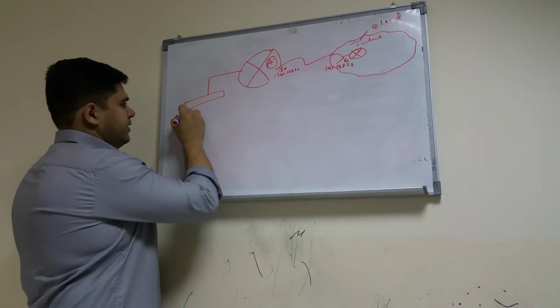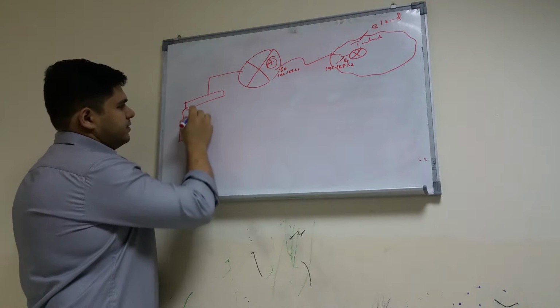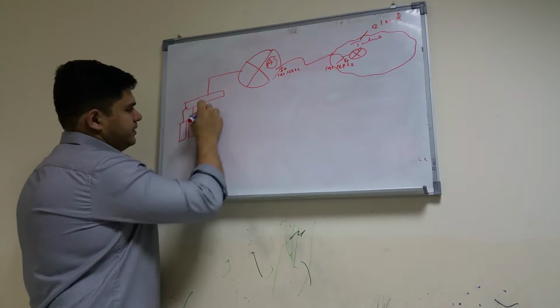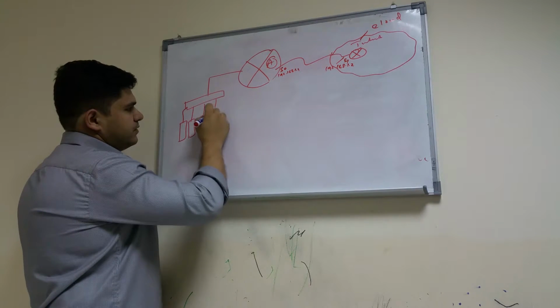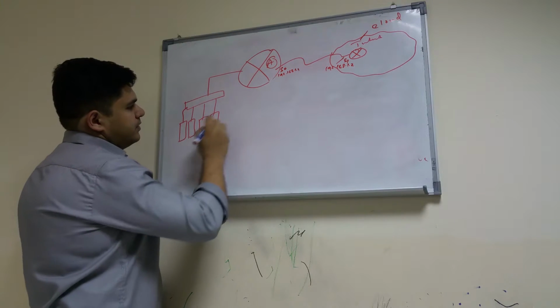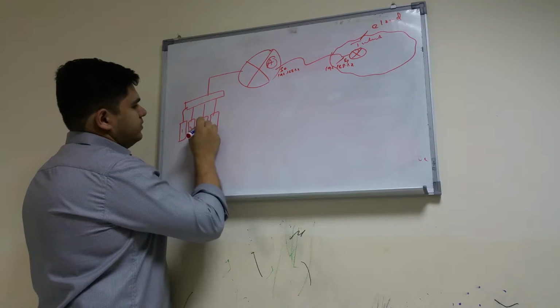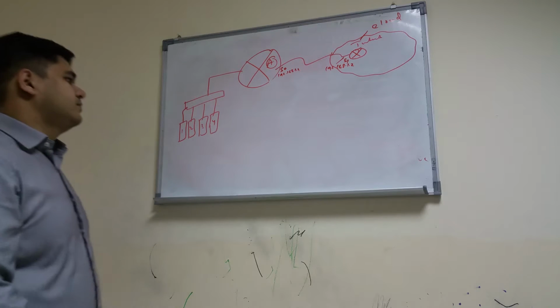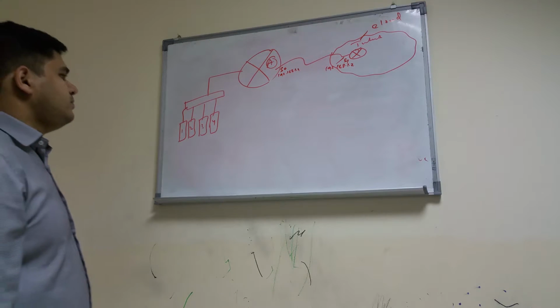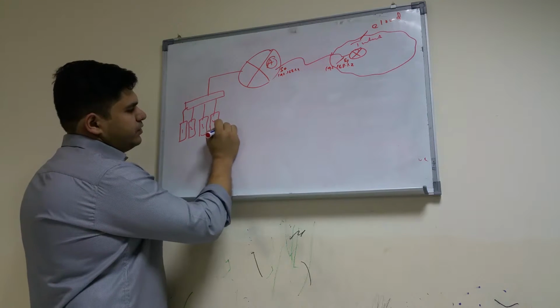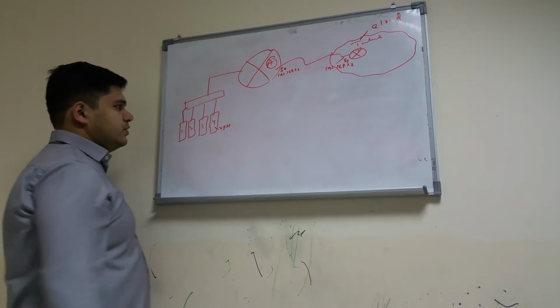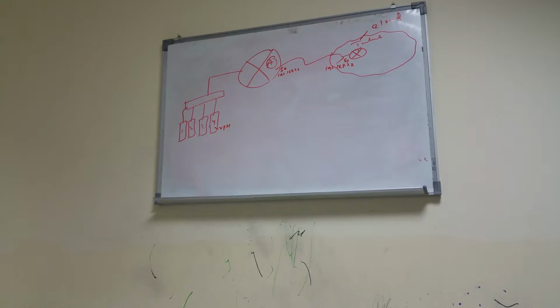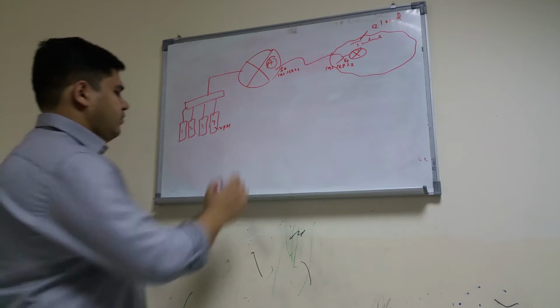These are all PCs, the systems: PC 1, 2, 3 and 4. Suppose PC number 4 is your VPN server. You need a translation for it.